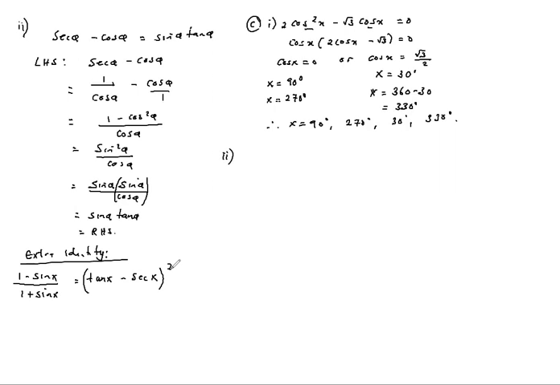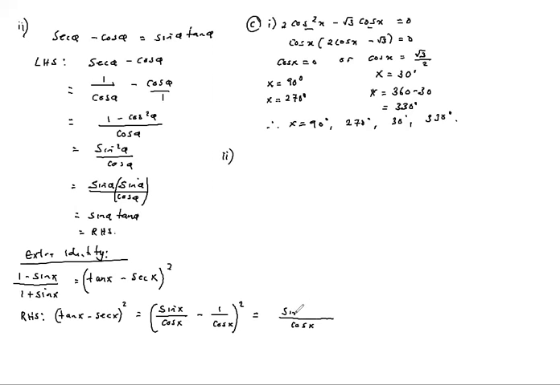So let's start with our right side. Tan x minus sec x, squared. This is the same as sine x over cos x minus 1 over cos x, squared. So the common denominator is cos x.